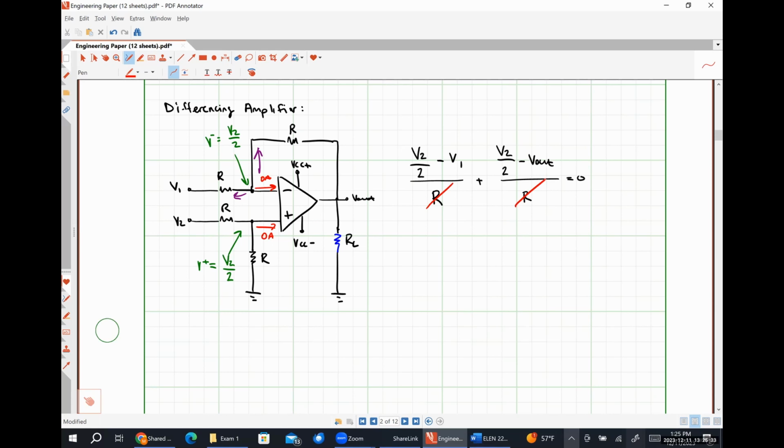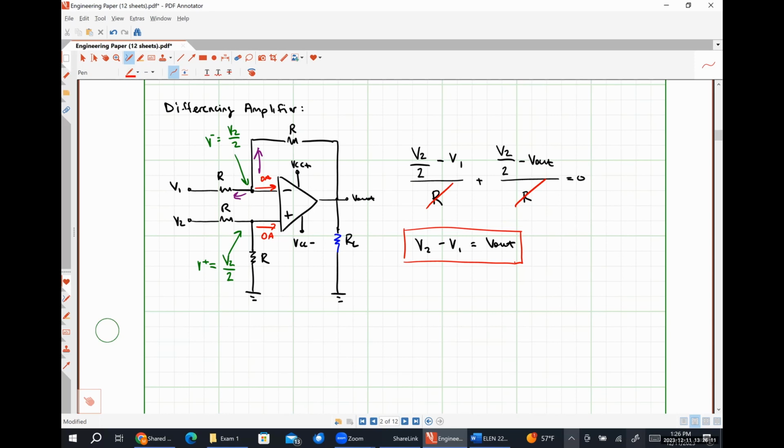Because 0 times R is still just 0. So I can just get rid of those. So I have V2 over 2 plus V2 over 2, which looks like V2 minus V1 is equal to Vout. So this particular amplifier gives us the difference of whatever our input signals are.